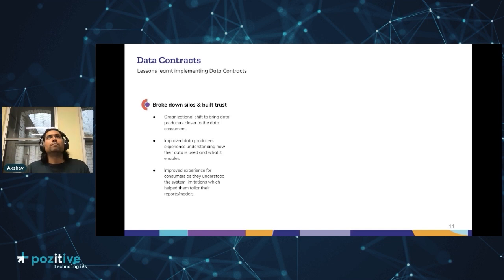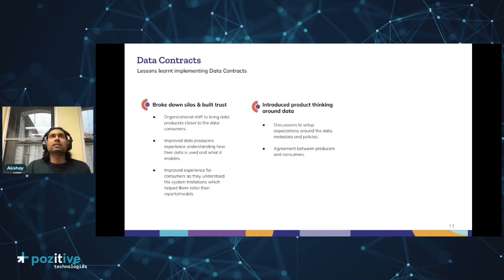That helped them understand whether data points should be used in a certain way or not for their use case. The other thing that we noticed when we started to introduce data contracts is that it needed a lot of discussion.